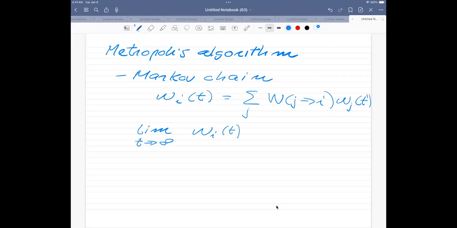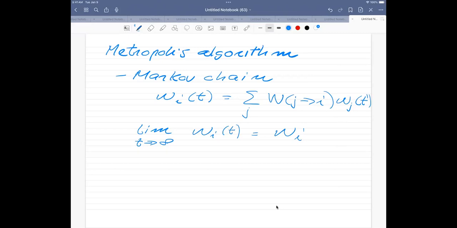In statistical mechanics, and also in fluid mechanics and in other physical processes where diffusion rules the ground, this is normally called the steady state or the stationary state. So I'm taking away the t here just to indicate that this is a time independent state. This is normally called the most likely state.